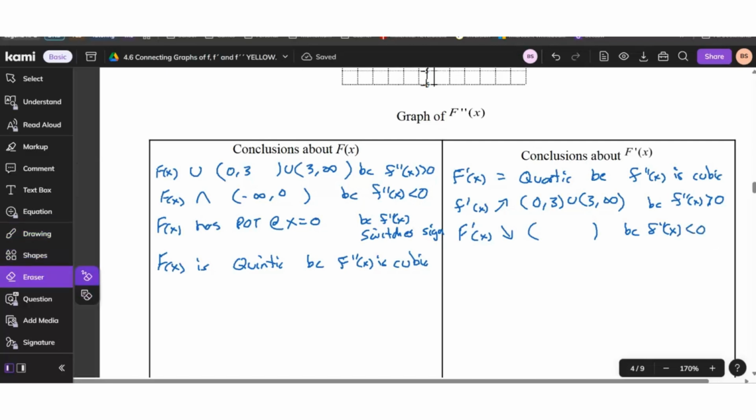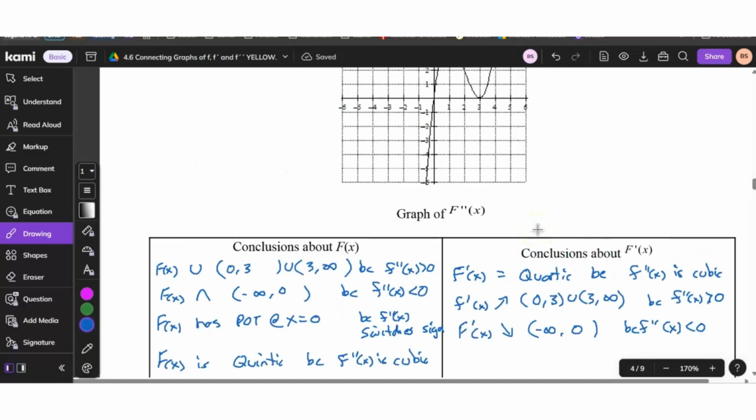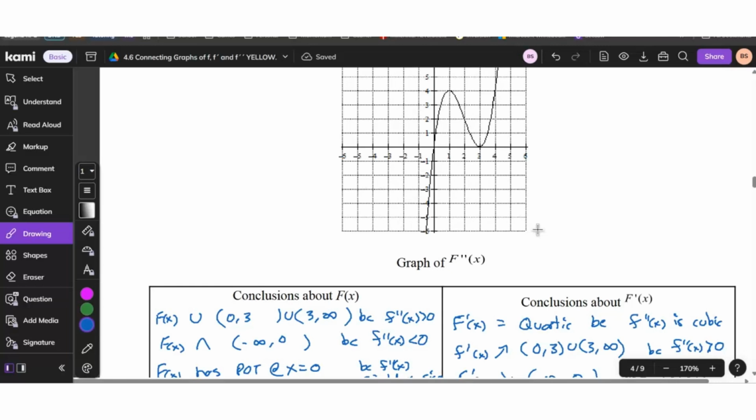And where is it negative? From negative infinity to 0. Good. What else could we say? We could talk about where it has a, let's see. Yeah, so it doesn't have any maximums, but it does have a min.